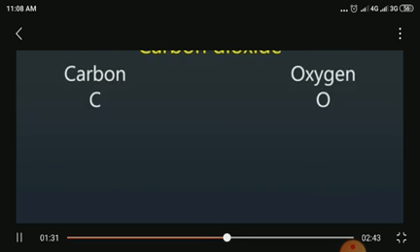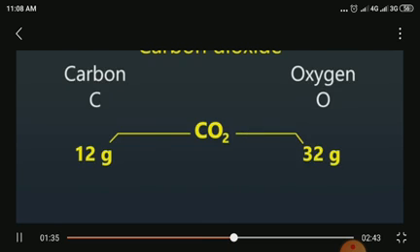Suppose we want to prepare carbon dioxide from carbon and oxygen. Then we will have to take 12 gram of carbon and 32 gram of oxygen. We cannot add two elements in any proportion we want. The proportion by weight of carbon to oxygen while making carbon dioxide should always be 3:8.